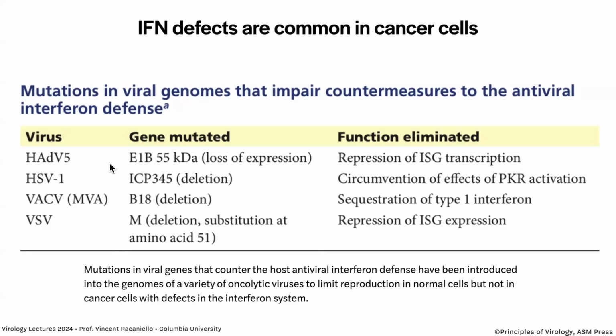These include, in adenoviruses, E1B, and in herpes viruses, ICP35, and vaccinia and VSV genes that are known to have suppressive effects on interferon. So because the tumor doesn't have interferon responses, the virus will reproduce there, but it won't reproduce in normal cells that have normal interferon responses. So this is a very clever way to make sure that the virus is selectively replicating in the tumor.